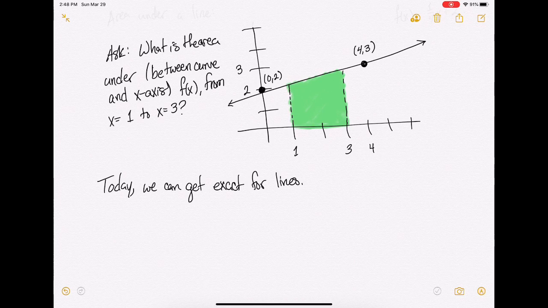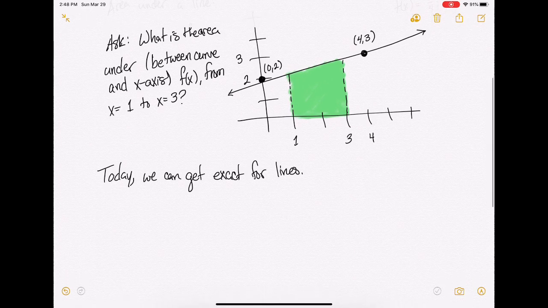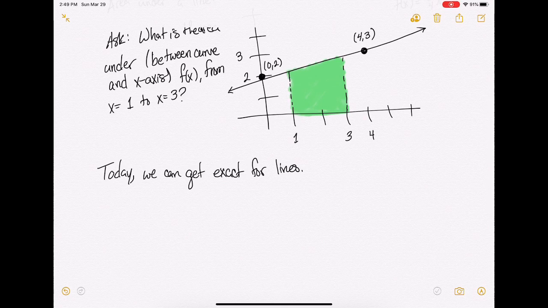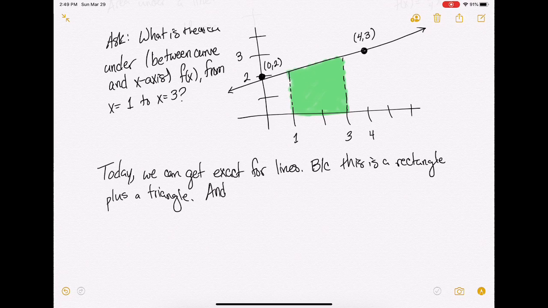So does anyone, hopefully you might have come up with the solution as to how to do this. Because this is a rectangle, really it's a square, plus a triangle. And we know how to calculate areas for both.